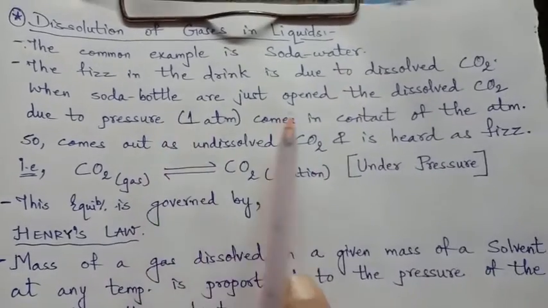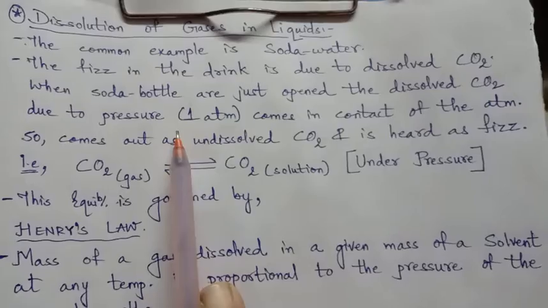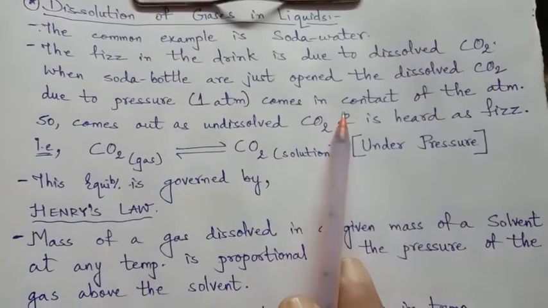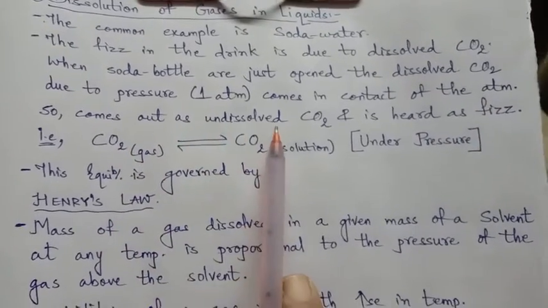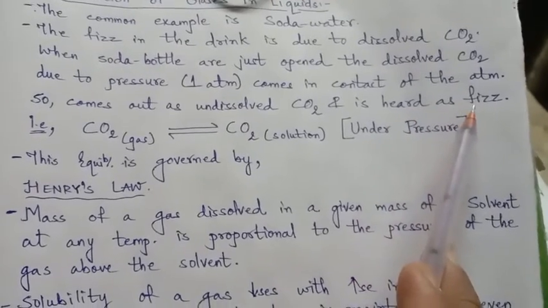When soda bottles are just opened, the dissolved carbon dioxide, at normal pressure of 1 atmosphere, comes in contact with the atmosphere and comes out as undissolved carbon dioxide, which is heard as fizz.